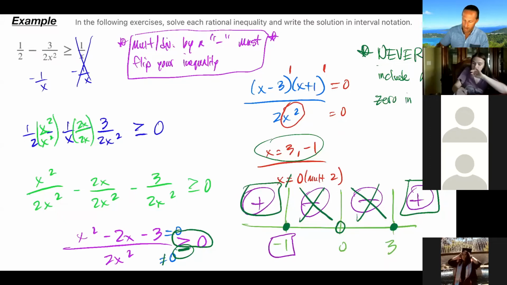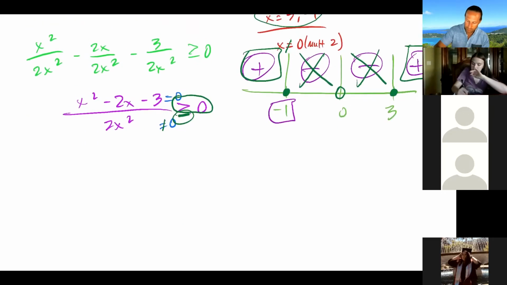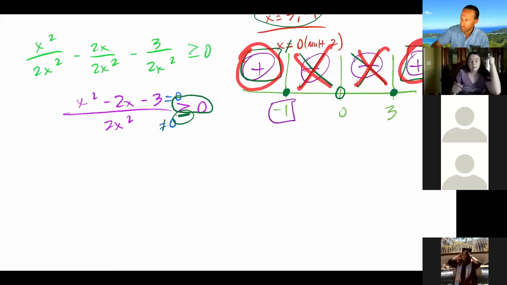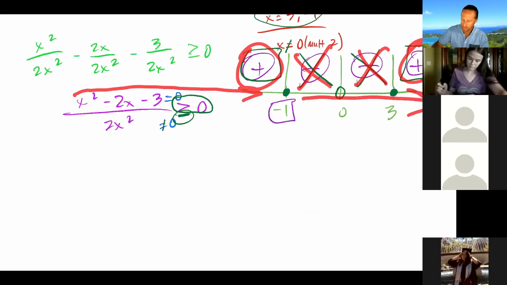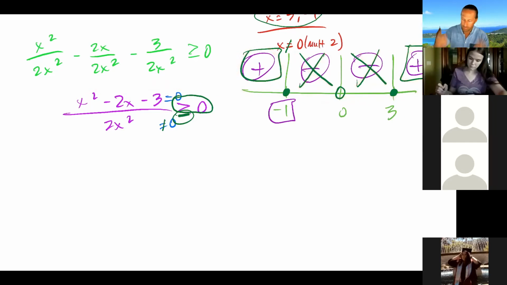Okay? So how do we write our final answer for that one? We wanted all the things that were greater than or equal to 0. That were these and not the negatives. And remember, we like to read it from smallest to biggest, so from left to right. Where are we starting? Parentheses, negative infinity to -1 with a bracket. Oh, good.